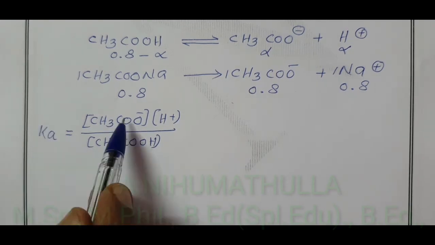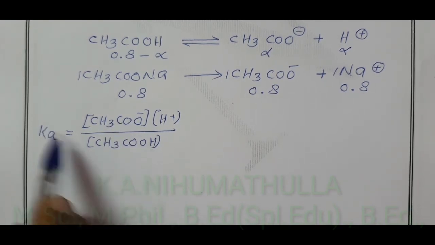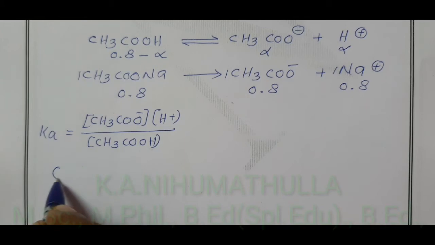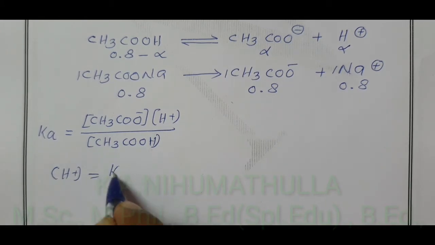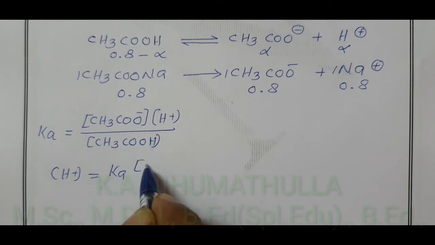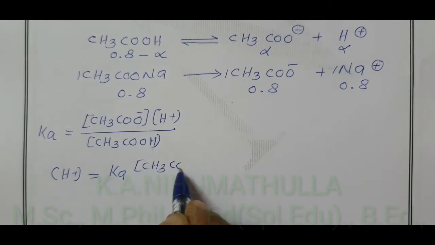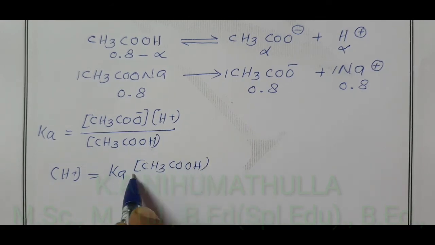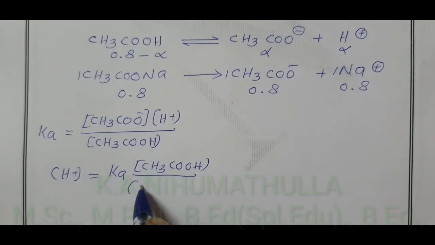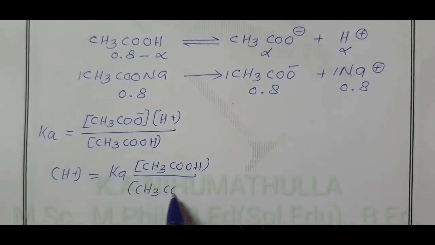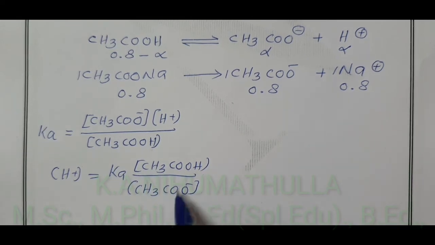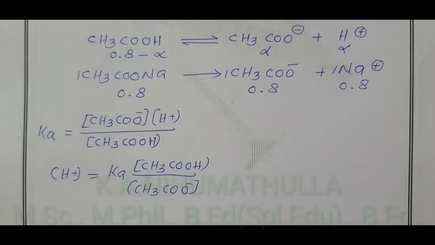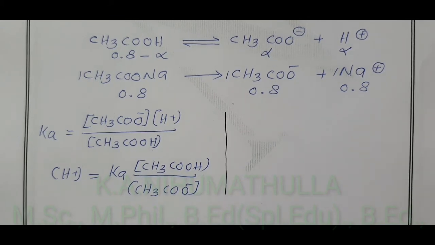Bring acetate and acetic acid to the left hand side. So concentration of H plus ion becomes Ka into concentration of acetic acid CH3COOH by concentration of acetate CH3COO minus.